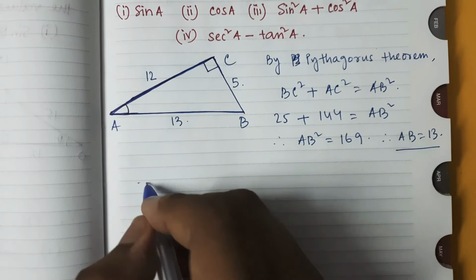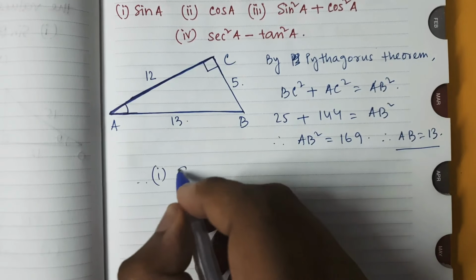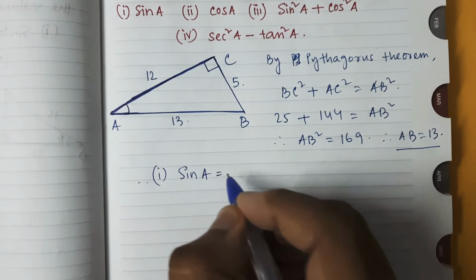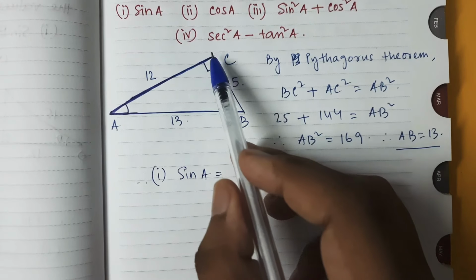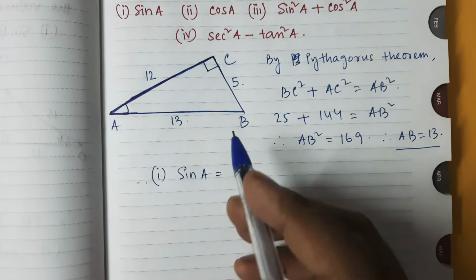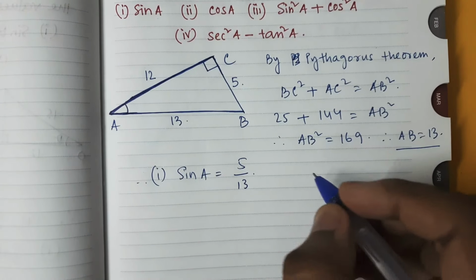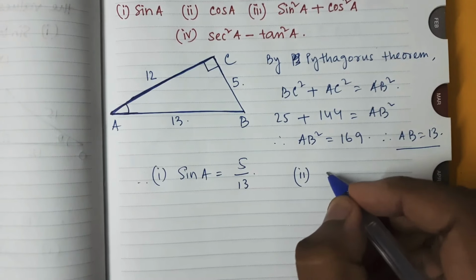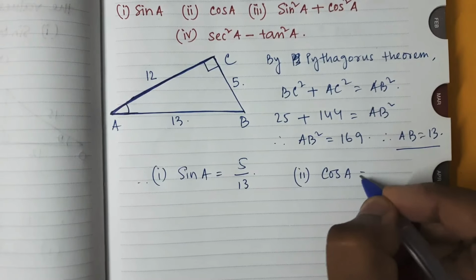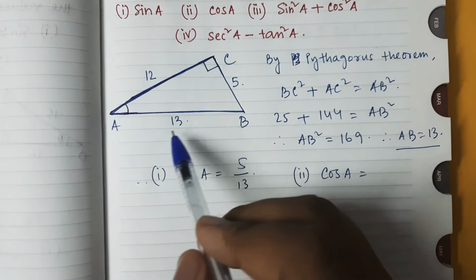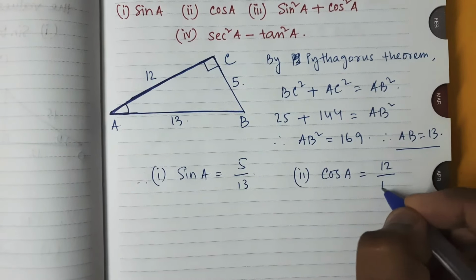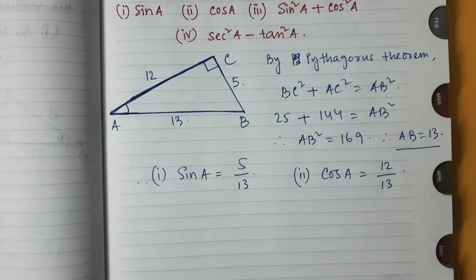So therefore part 1, sin A equal to perpendicular by hypotenuse. So it is 5 by 13. That is the value. Similarly part 2, cos A is equal to base by hypotenuse. So 12 by 13. Is it fine?